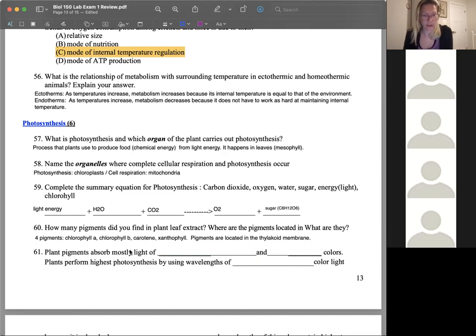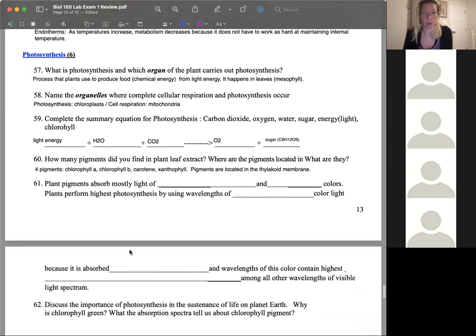So what colors of light are absorbed most by plants? Violet and blue. Yeah, so violet, blue, and then at the other end of the spectrum, the red.